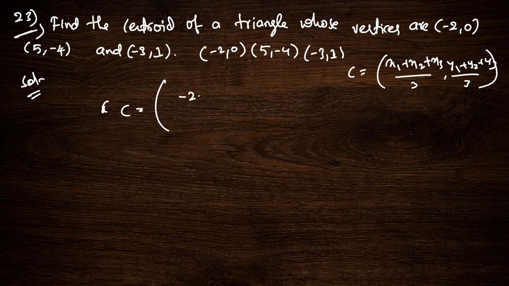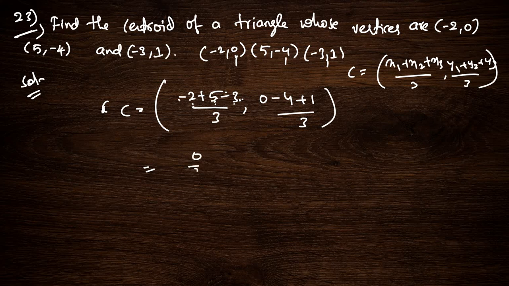So (minus 2 plus 5 minus 3)/3 and (0 minus 4 plus 1)/3. It will become 5 minus 3 is 2, 2 minus 2 is 0, 0 by 3, and comma, minus 3 by 3 is minus 1. So it is (0, minus 1).